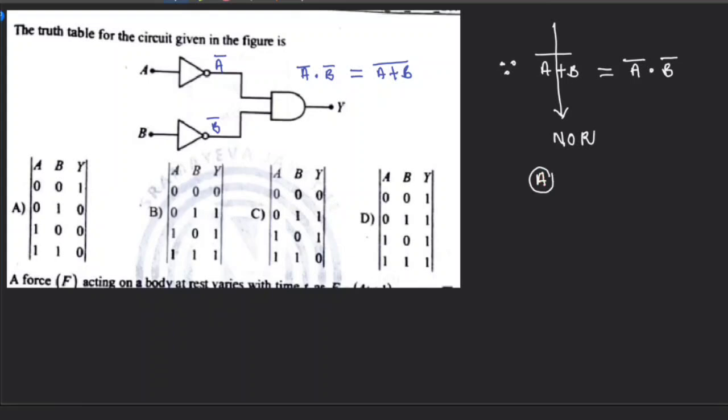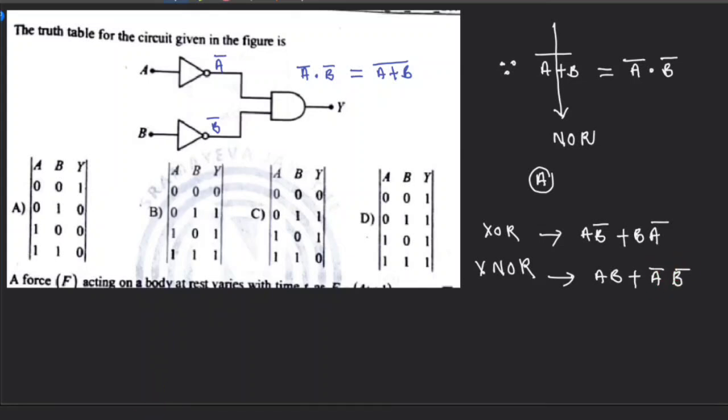Clear? So how many gates are there? 7 gates. So please keep this logic in mind. There are 2 gates, the XOR gate as well as the XNOR gate. For the XOR gate, the formula is A B bar plus B A bar, at least for the next exam, right? And for XNOR, it is A B plus A bar B bar, right?